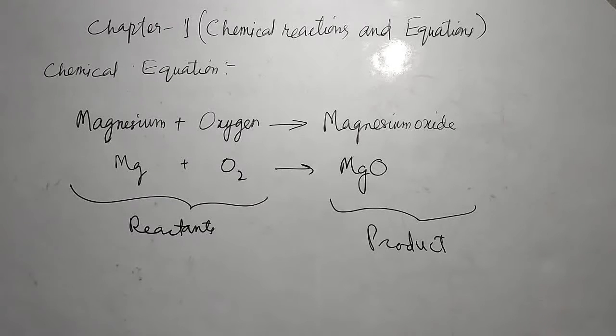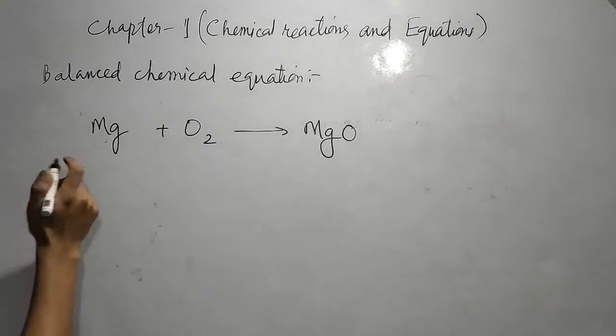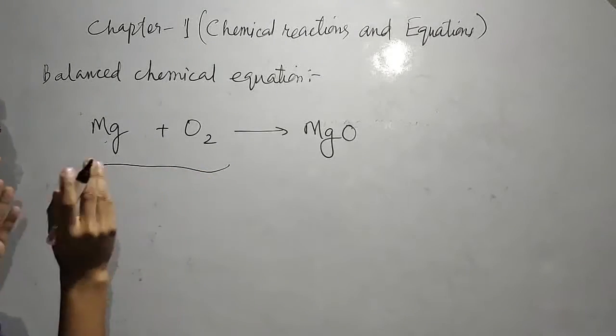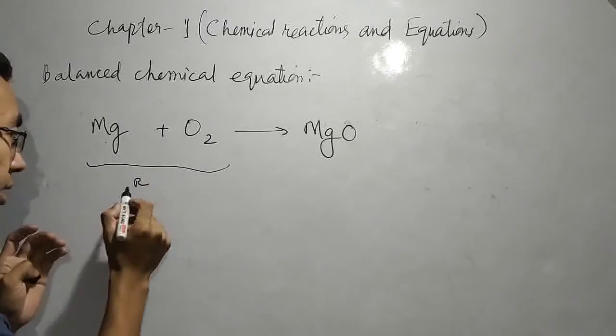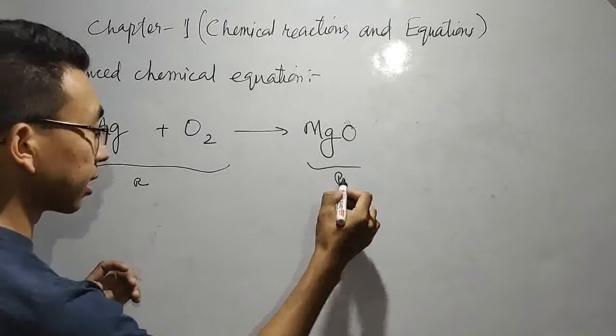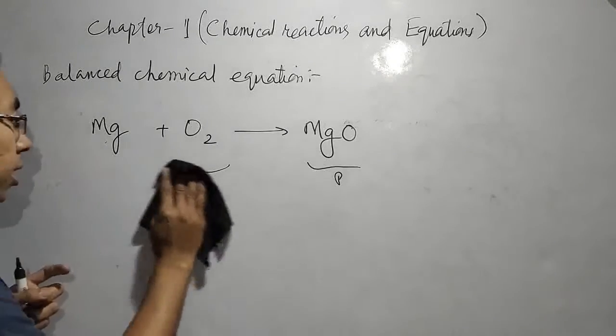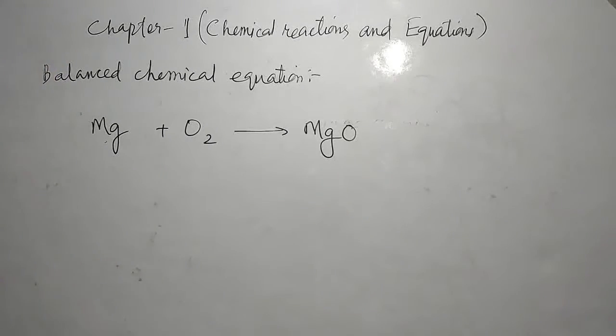Now we shall move to the next topic, balancing chemical equations. In a balanced chemical equation, the number of atoms present on the reactant side should be equal to the number of atoms present on the product side. Let us take this example: Mg and O2 gives MgO.